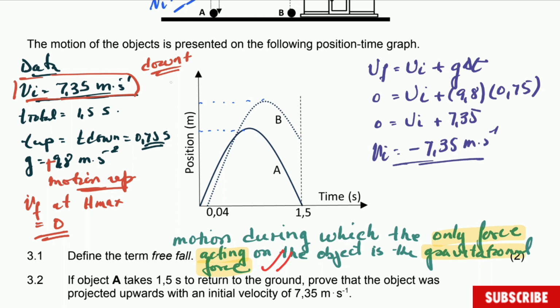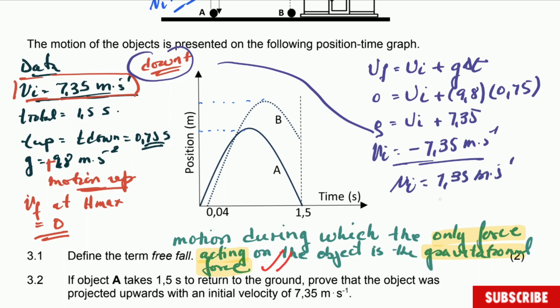Note the following: I say down is positive, therefore this negative means that is up. So the initial velocity is equal to 7,35 meters per second upward, and that is the final answer.